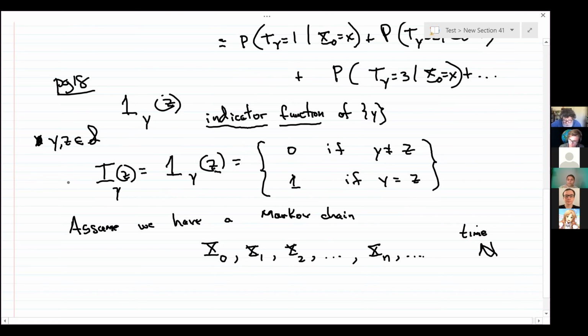Okay. So let's scroll down a little more. They say, well, they're interested in a new random variable. So let's define N of y.